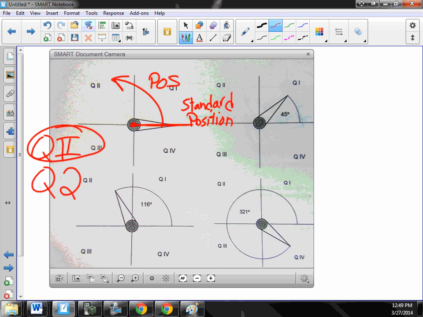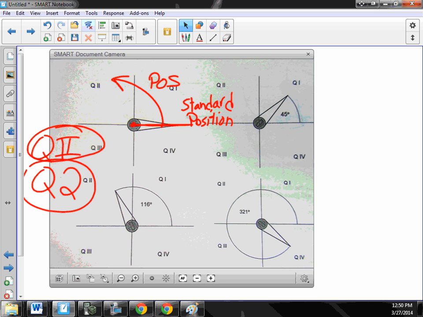This means quadrant 2, which is exactly what we're looking at. This means quartile 2, which is a statistical term. Anyway, we'll get to that. We'll study quartiles at the end of the year. So don't ever write Q with the number 2. You can go ahead and call it quartile or quadrant 2, but always use the Roman numerals.